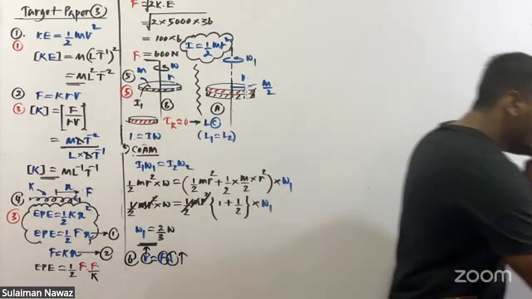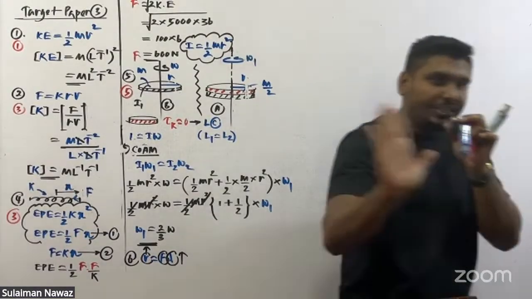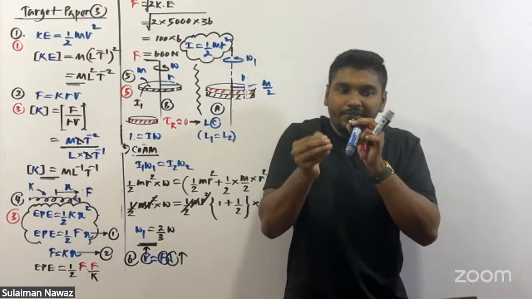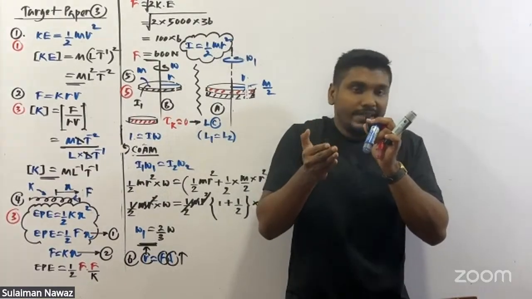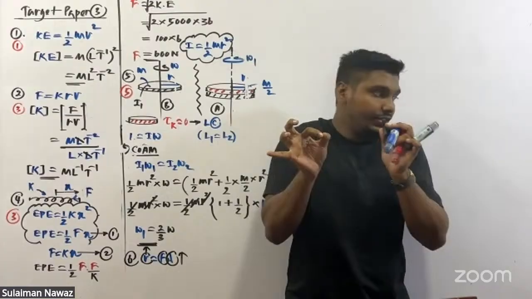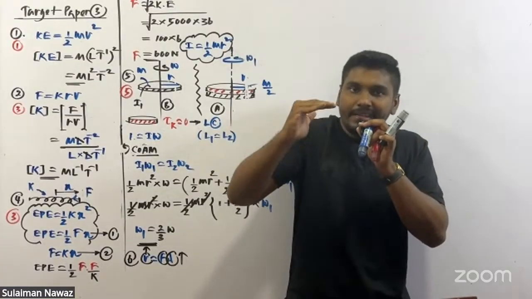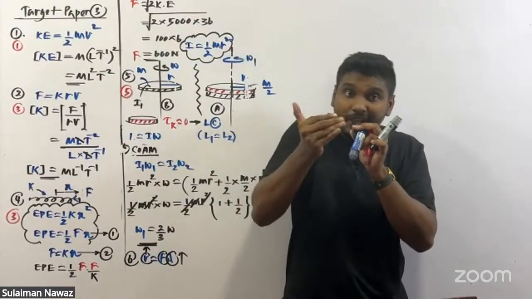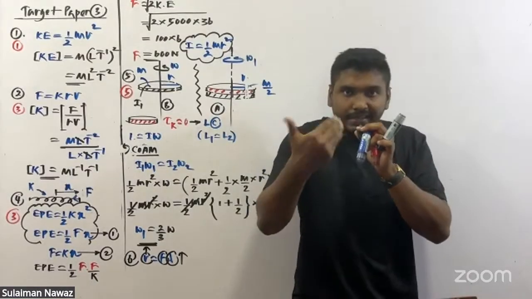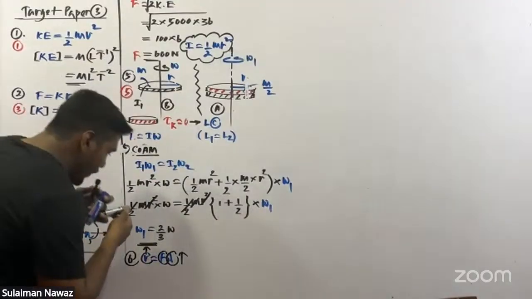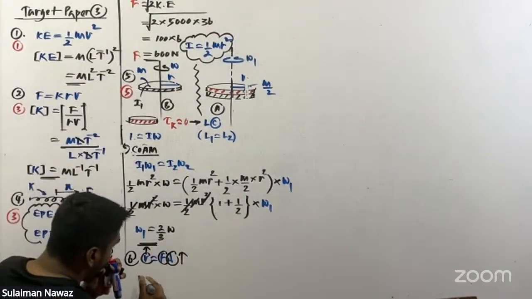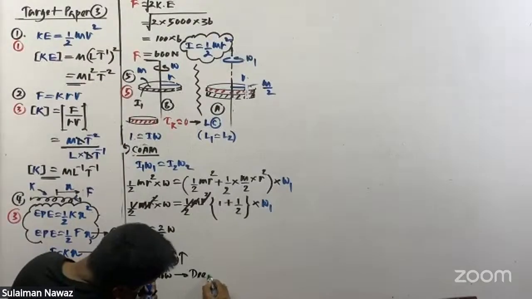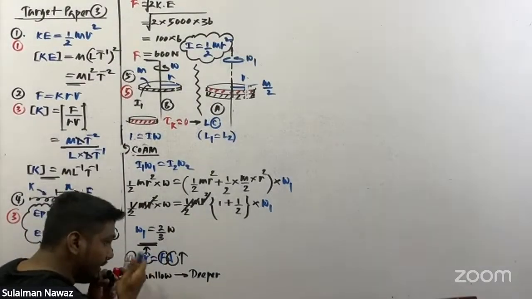When water waves enter from a shallow region to a deep region, the velocity of the water waves increases.